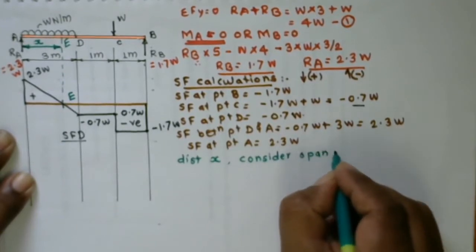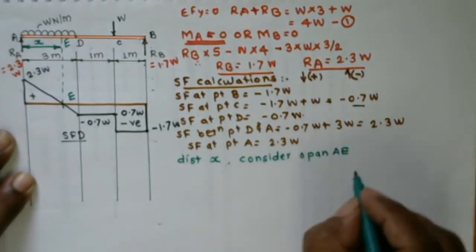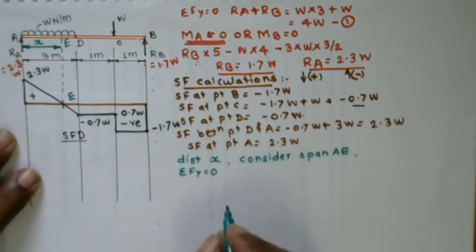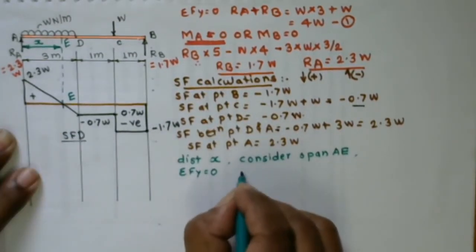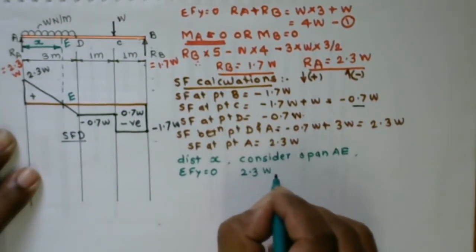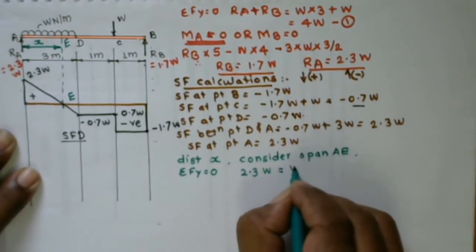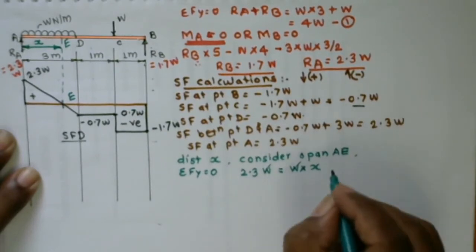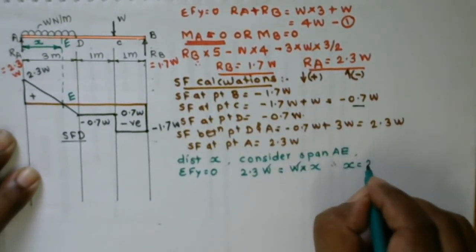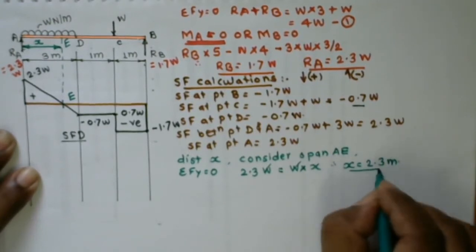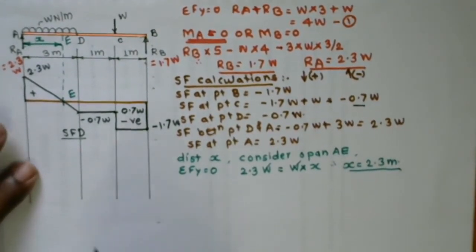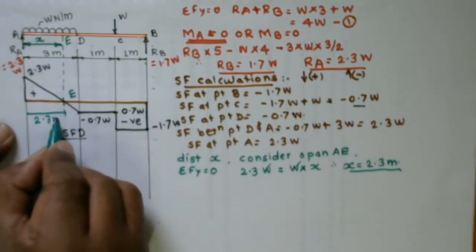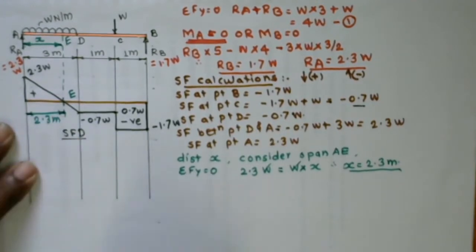Consider span EE and apply the rule summation of y is equal to 0, means upward forces is equal to downward forces. So in that side upward force is 2.3 W and downward is W into its span is given x. So W W will be cancelled. So therefore x is equal to 2.3 meter. X is equal to 2.3 meter. So this distance 2.3 meter, which is from left hand support.